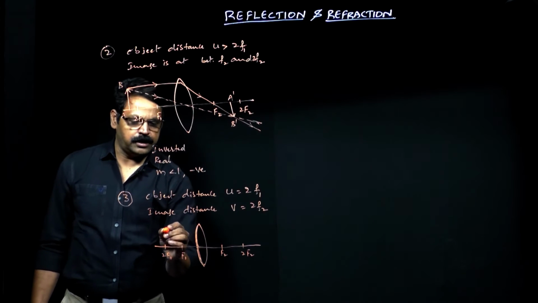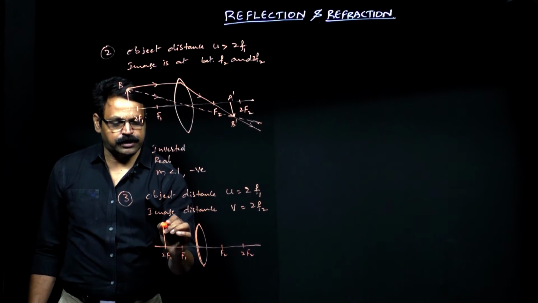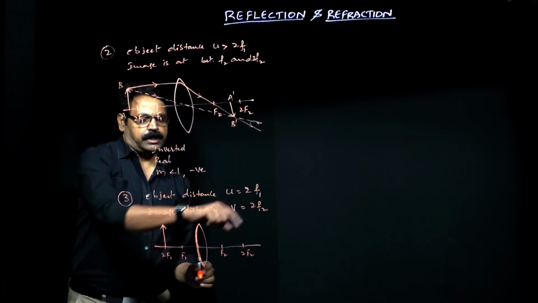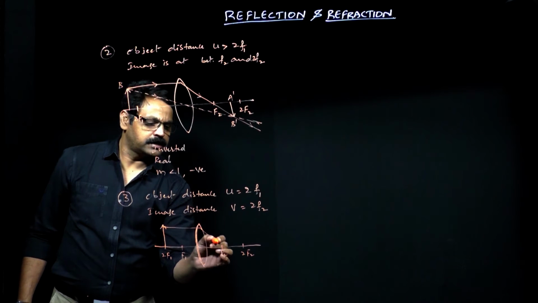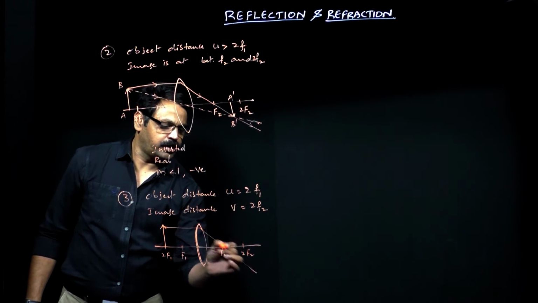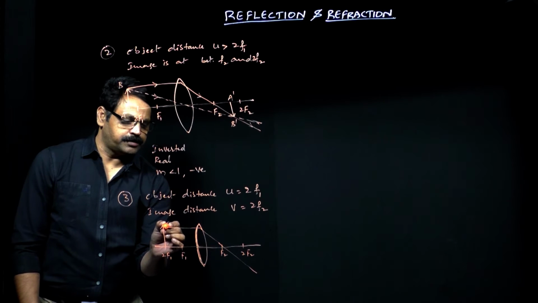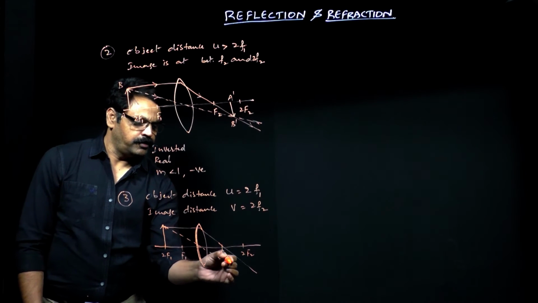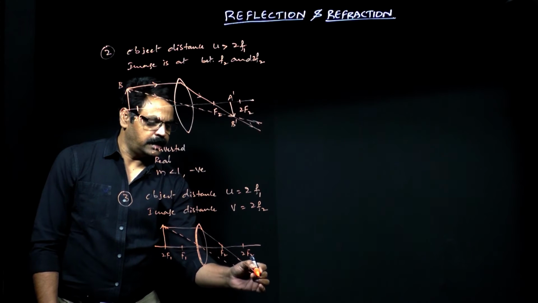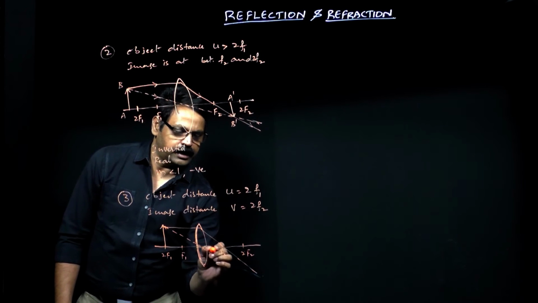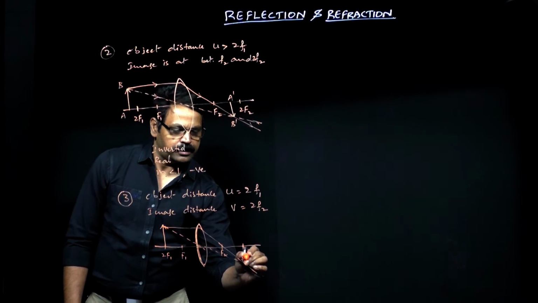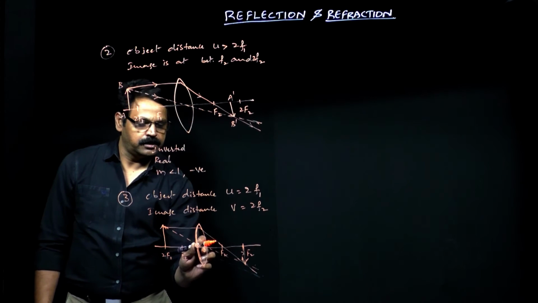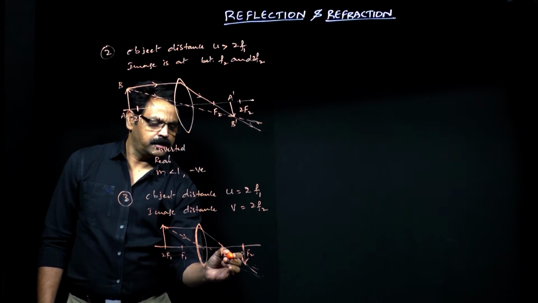When the object is placed at 2f1, the ray traveling parallel will pass through the focus, and the ray passing through the center will meet it here. This is the ray diagram for the second case.